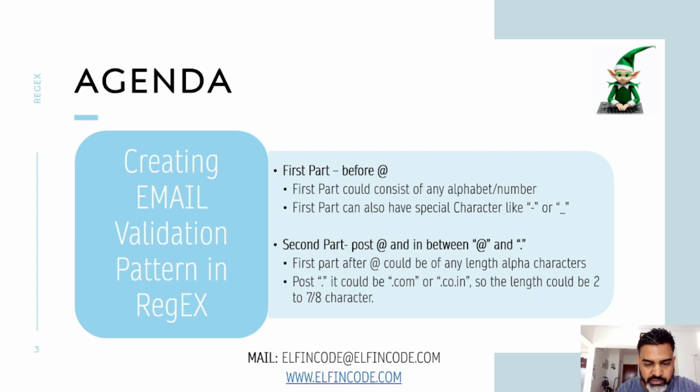There are a lot of other characters involved, but basically any email ID you can categorize easily in three different parts: one part before the at the rate, the second part between the at the rate and dot, and the third part after the first dot from the at the rate.